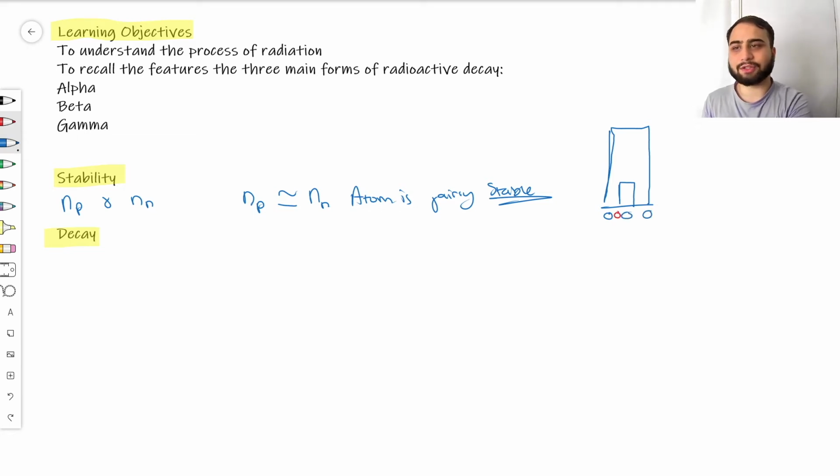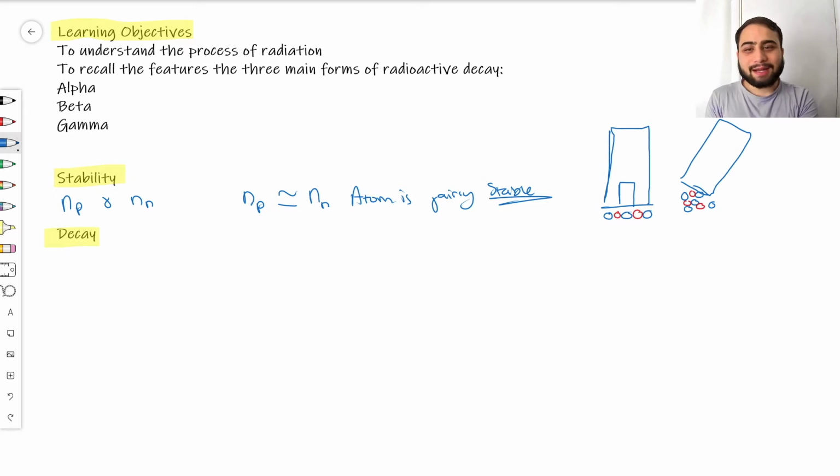I'm just going to do a few just to illustrate the idea. But now, say in my tower I had more protons than I had neutrons, 4, 5. Now, if I was to rest my tower on here, it would be unstable. Can you see that?